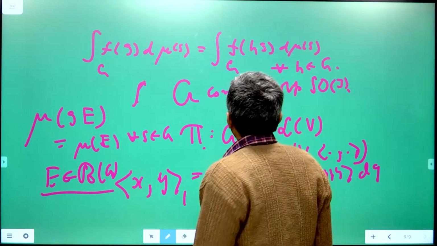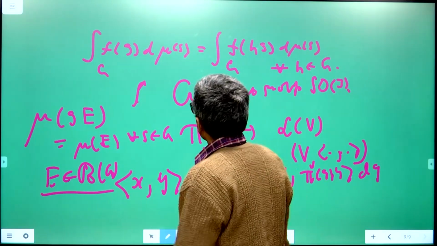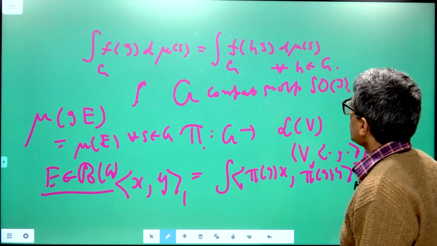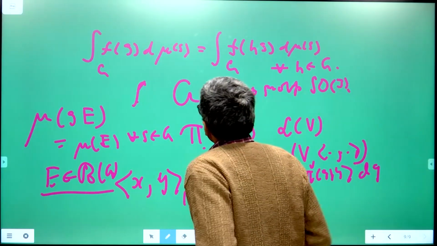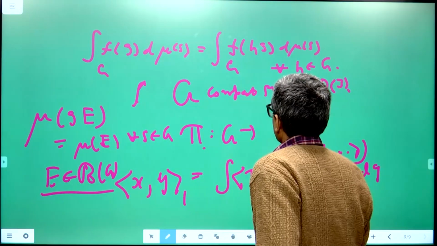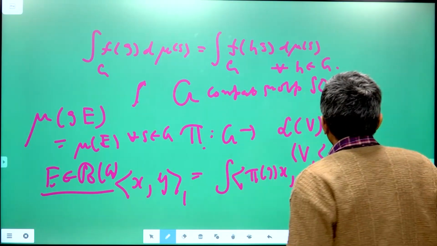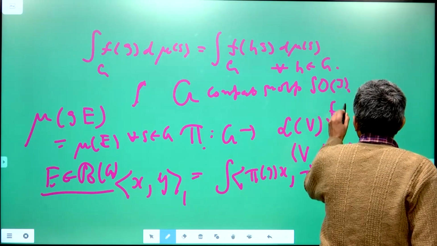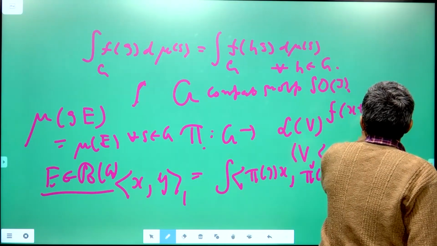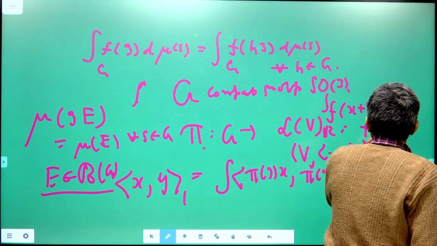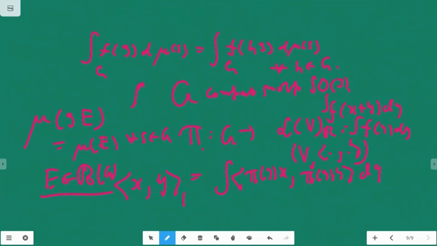Of course, in the case of a compact group, you can prove that a left invariant measure is also right invariant, but it is not true for a locally compact group in general. In the case of the real line, the group is abelian and everything boils down to saying that the Lebesgue measure is invariant: the integral of f of y plus a dy over the real line is the same as the integral of f of y dy, so the Lebesgue measure is invariant under shifts.